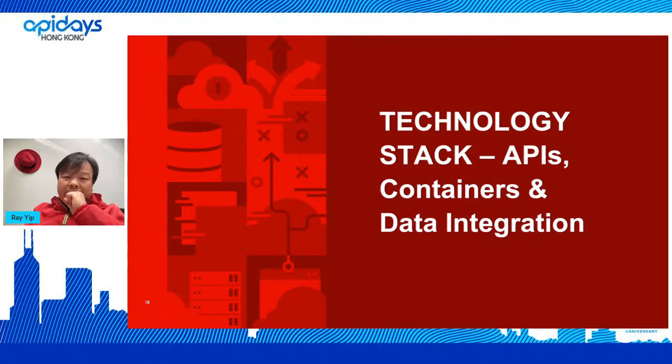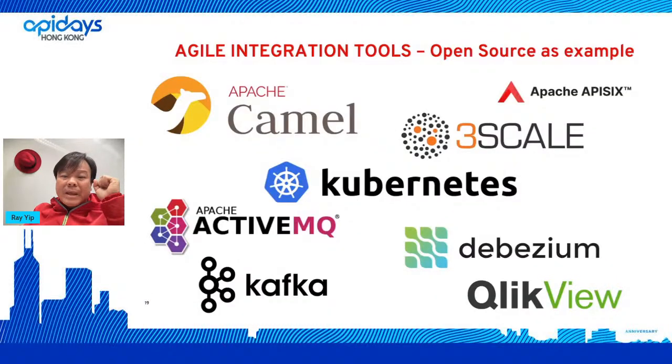Okay, let's talk about the technology stack. I'm going to give some examples of agile integration tools. Of course, you can use open source and some vendors, and whatever you use is up to you. I'm just bringing out some examples here. For integration, you can use the open source Apache Camel.